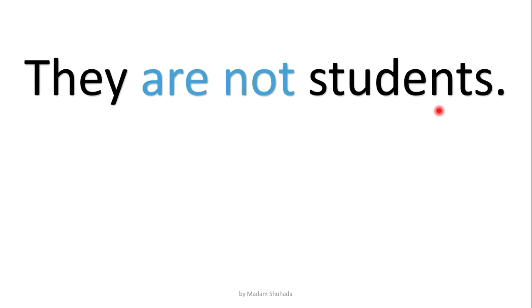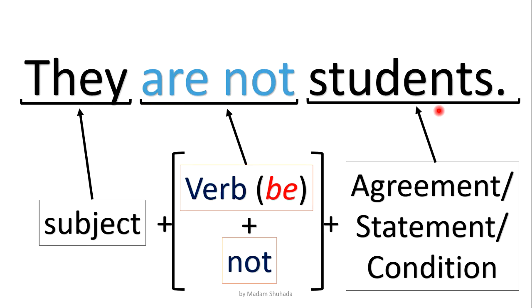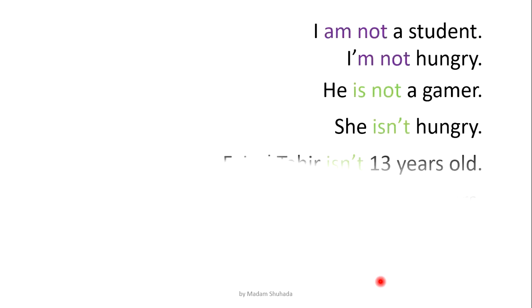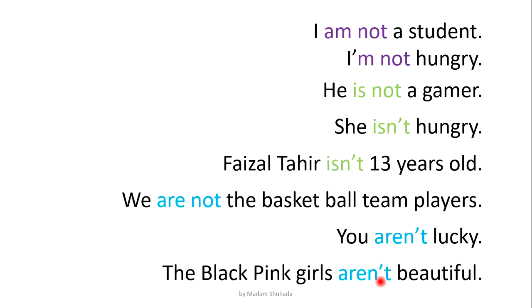They are not students. They is the subject, are not is actually the be verb plus not, students is the agreement, statement, or condition. You aren't a student. Okay, so these are the example sentences. If we use am not, let's read together.